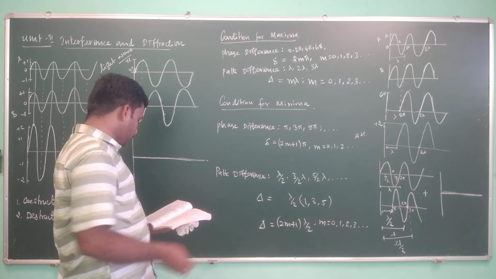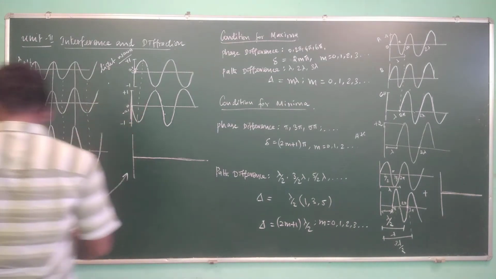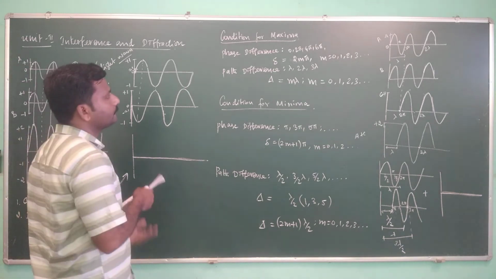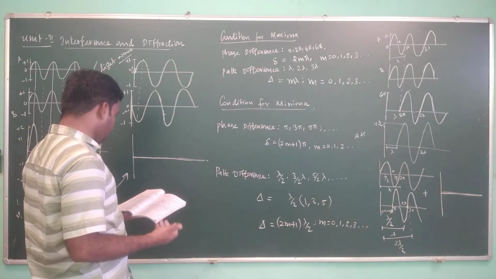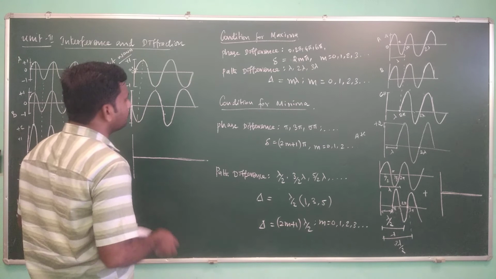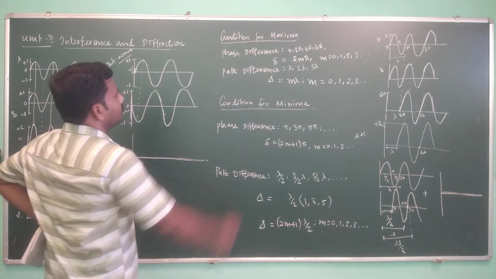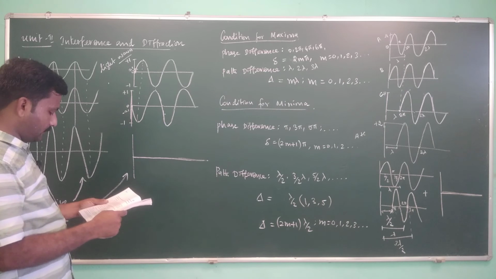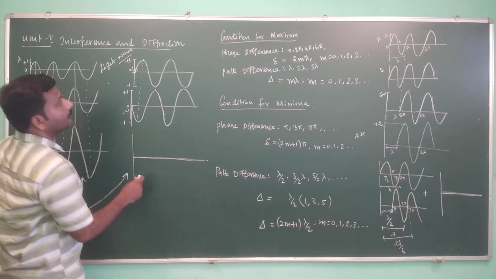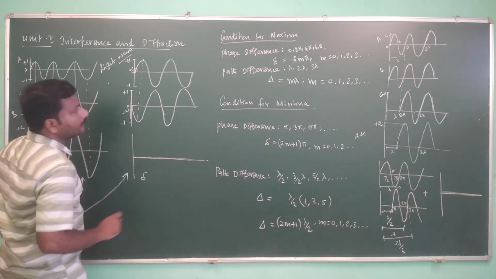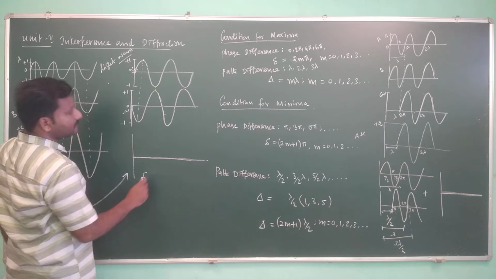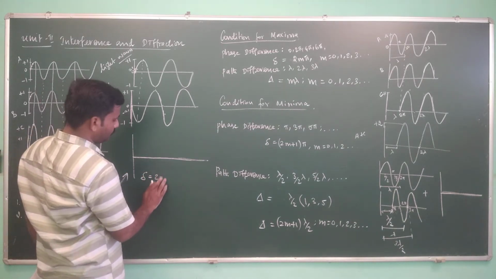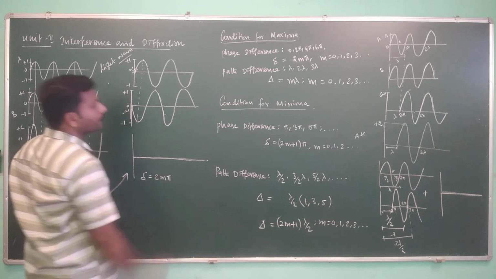Now, how would you relate the path difference and phase difference? Let's consider the equation for the condition for maxima. Phase difference delta is equal to 2 m pi.